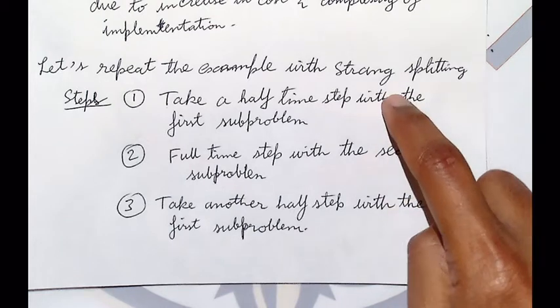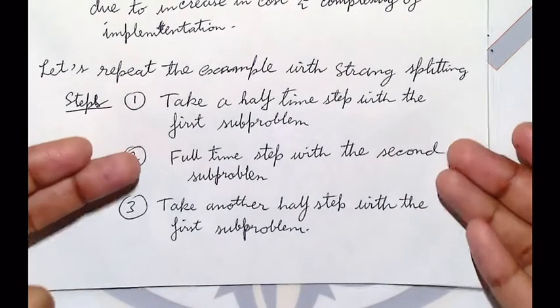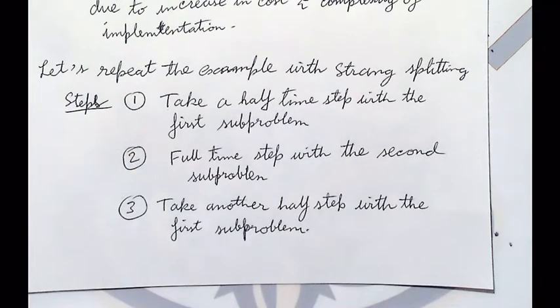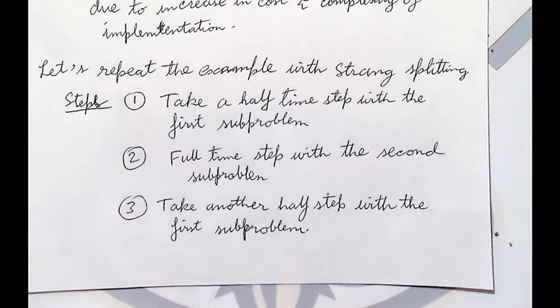You start with advection, go delta t over 2. You have a new solution, u star. You do diffusion with this u star, with a full delta t. This gives you u star star. And then you do another delta t over 2 advancement with advection. Make sense?